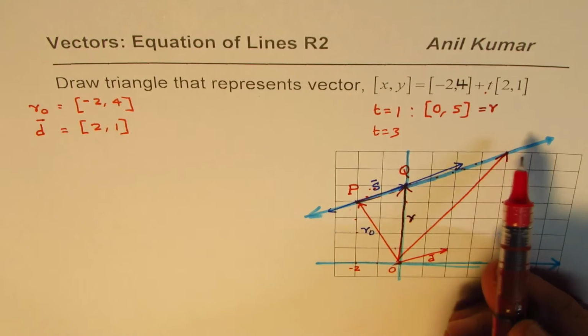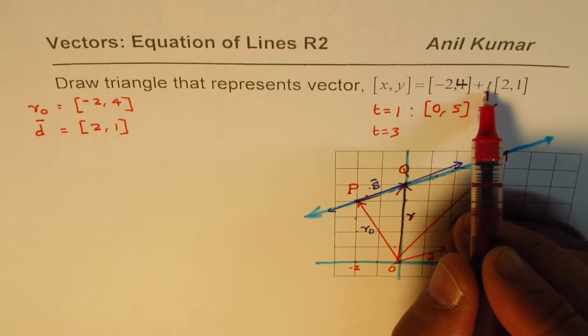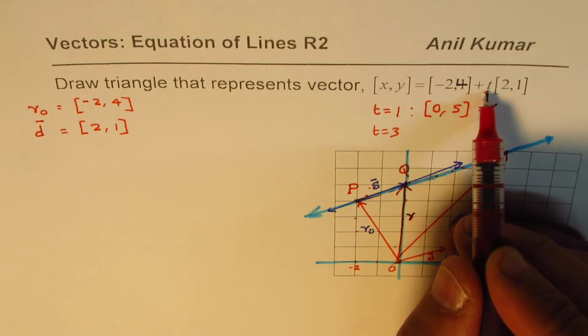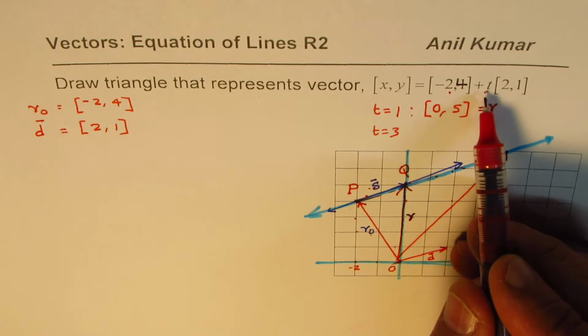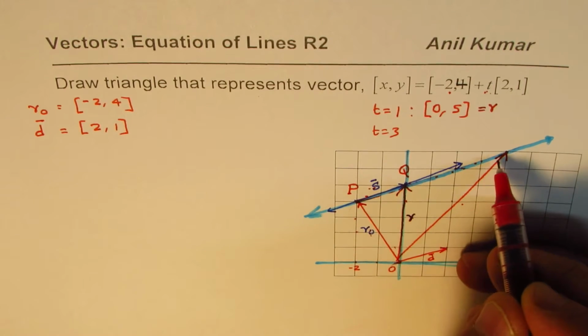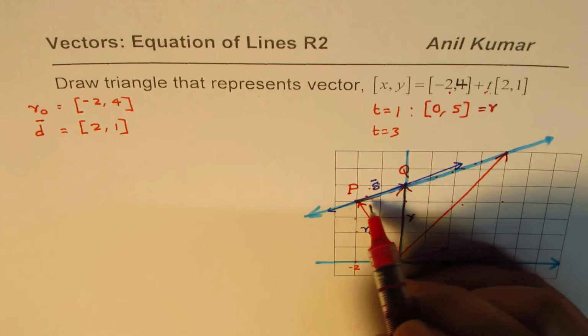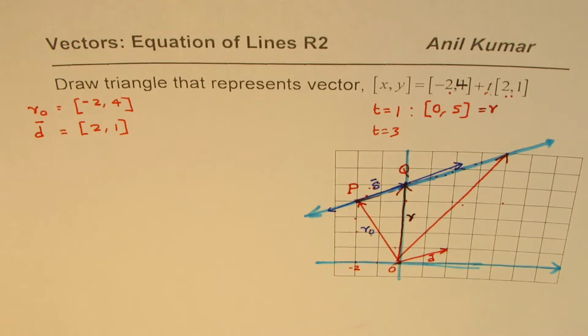Anyway, you could take any value of t. That is your initial r0. If you take t as 1, 2, or 3, that will become your r, and in between is s, which is a multiple of your direction vector, right? So that is how you get your triangle. So that's how we represent or draw a triangle in 2 dimensions.